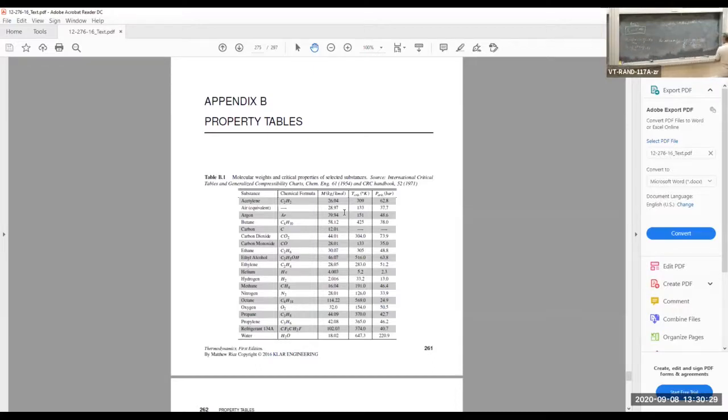So 0.25 times 3 times 1,000 divided by 8.3 divided by 500. I'm going to multiply that by 28.97. And I get 5.23 kilograms.